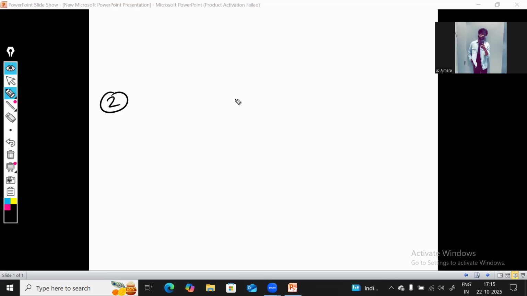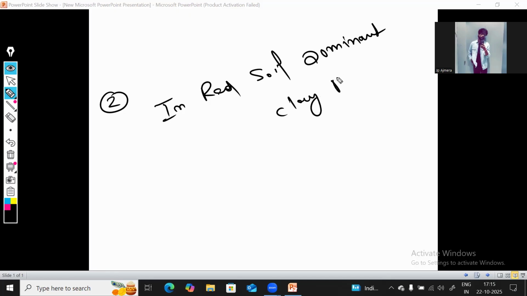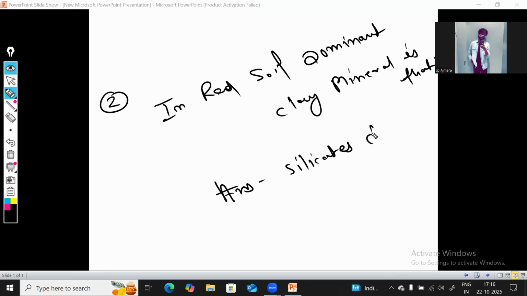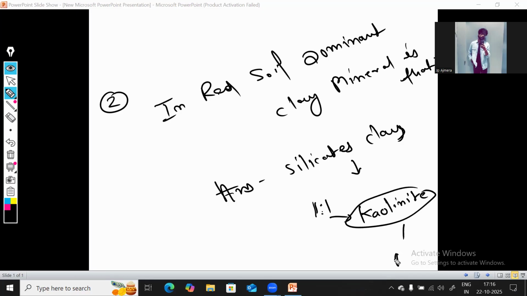In red soil, the dominant clay mineral is that... We already discussed the classification of silicate clays, where we discussed that there is one type of silicate clay with the example of kaolinite, and that kaolinite is found in red soil.